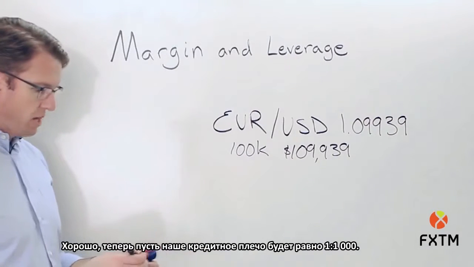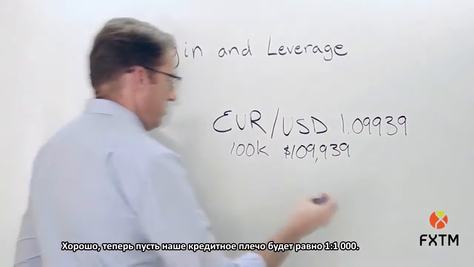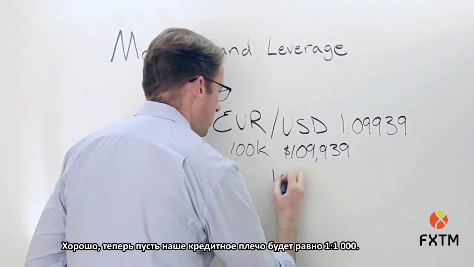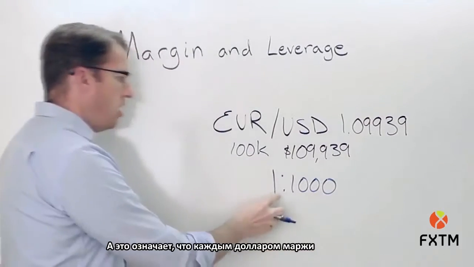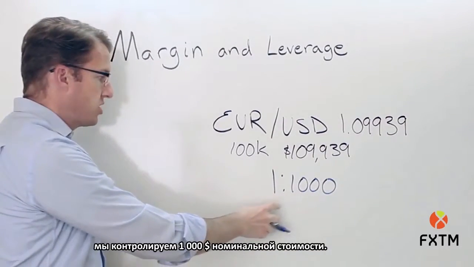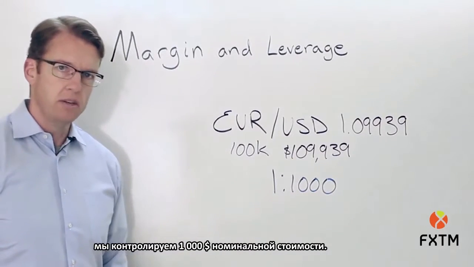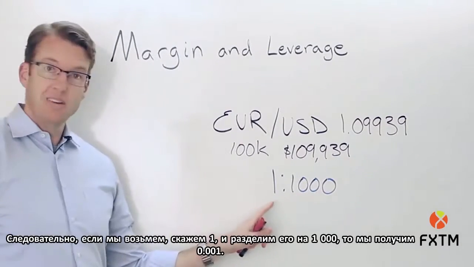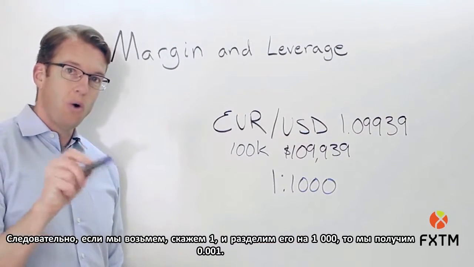Now, let's say our leverage ratio is 1 to 1,000. That means that for each dollar of margin, we're controlling $1,000 worth of notional value. So if we take 1 and divide it by 1,000, we get 0.001.